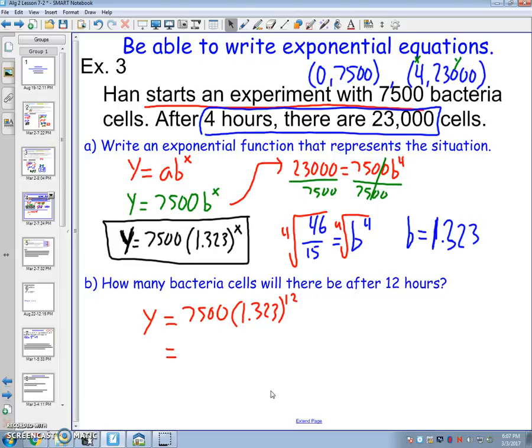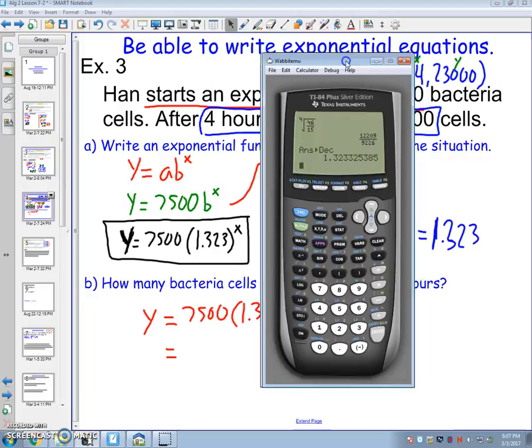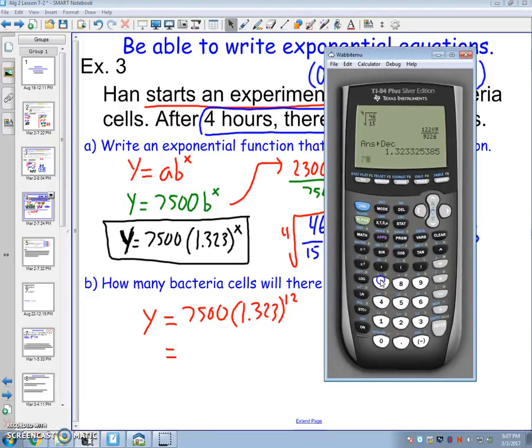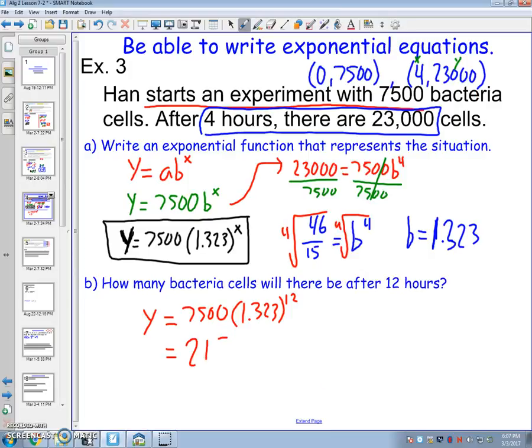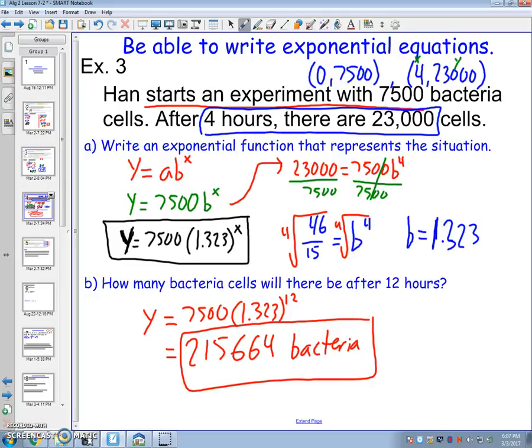Let's plug it in the calculator and see what we get. y equals 7,500 times 1.323 to the 12th power. 215,664. All right, so after 12 hours, 7,500 of them turn into 215,000 of them. So as you can see, bacteria grow really fast.